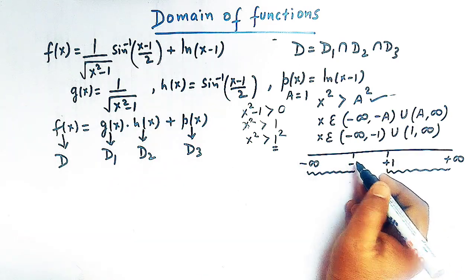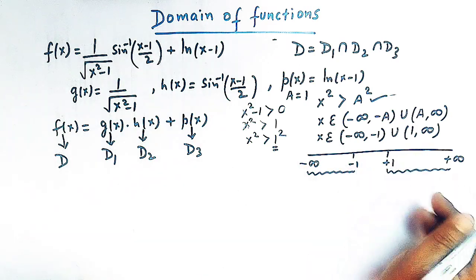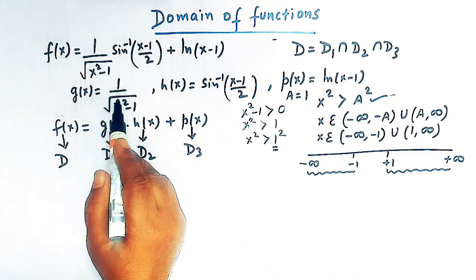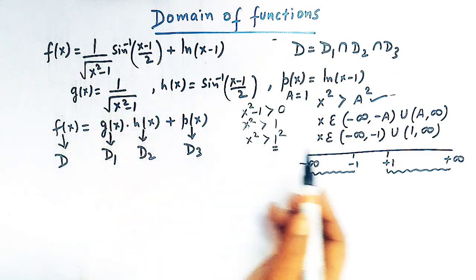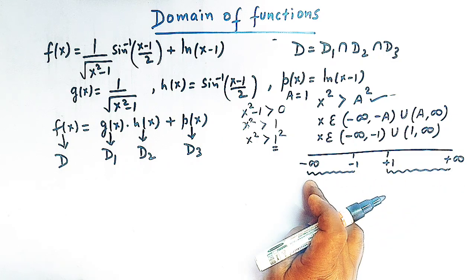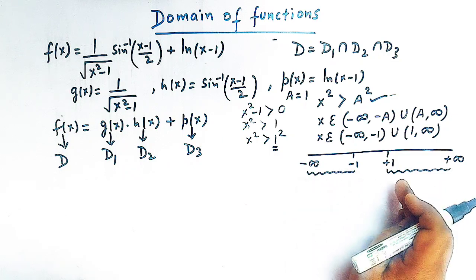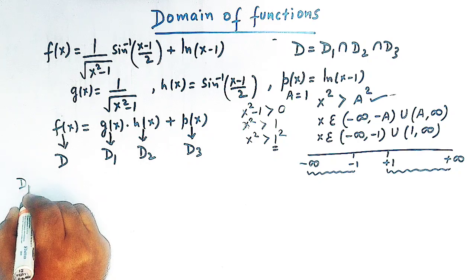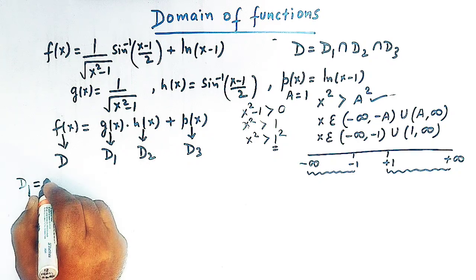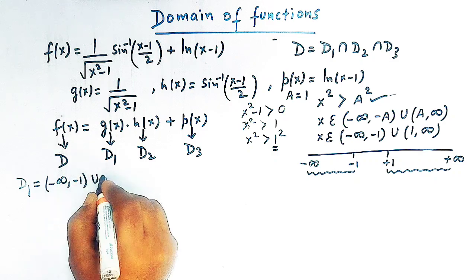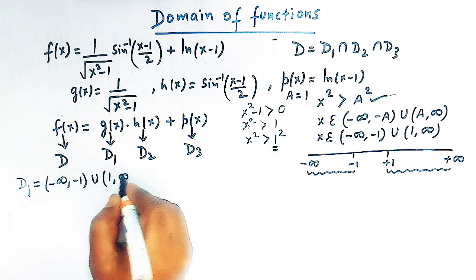So we have to discard minus 1 and 1. So the domain of this function 1 over square root of x square minus 1 is given by this region, that is from minus infinity to minus 1 and 1 to infinity. So we can now write here d1 is given by minus infinity to minus 1 union 1 to infinity.